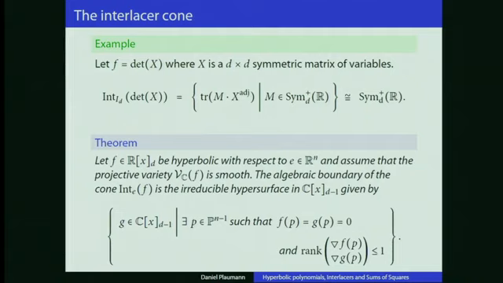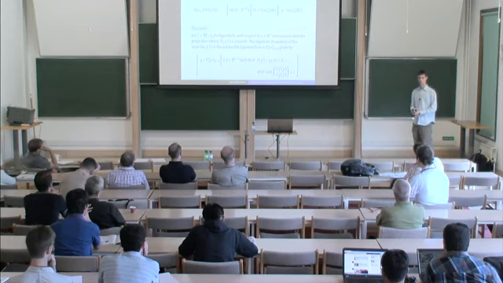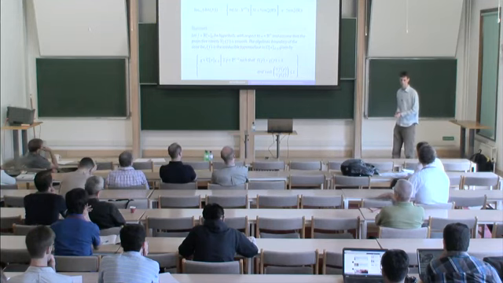And this description says it's pretty much what you think it would be. It's the set of polynomials that are somewhere tangential to the thing that you're looking at. If you have an interlacer and it becomes extremal, then at some point it has to touch the hyperbolicity cone, and that's exactly this condition. This is not so hard to show from general principles. In the smooth case, that defines an irreducible hypersurface, which must then be the algebraic boundary.